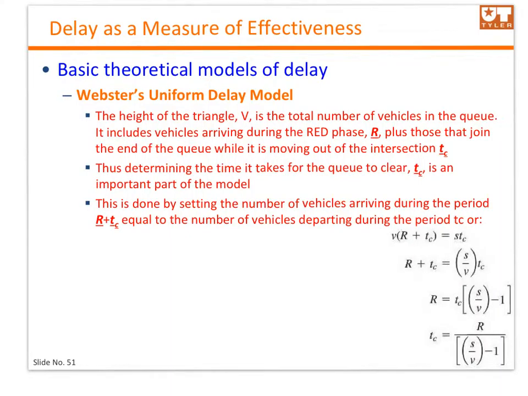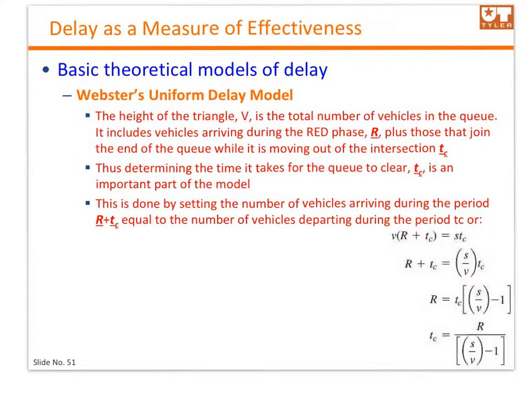Now, how about the height of this triangle? The height, V, is the total number of vehicles in the queue. It includes vehicles arriving during the red phase R, plus those that join the end of the queue while it is moving out of the intersection, which is TC.